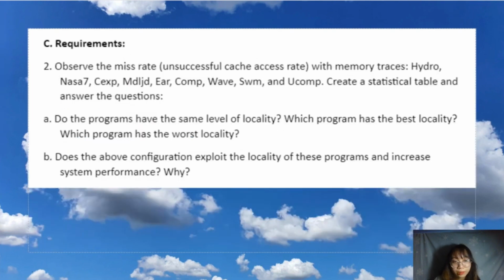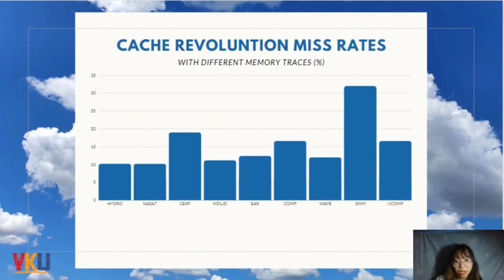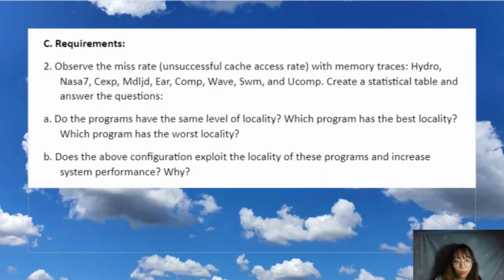The second requirement asks us to observe the miss rate in the cache access rate with the memory trace. I come to a statistical table to answer section A: do the programs have the same level of locality, which program has the best locality and which program has the worst locality?